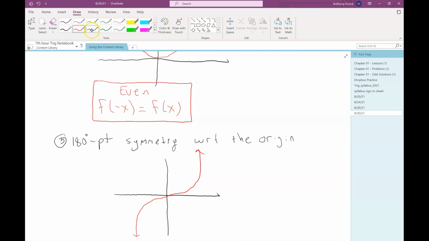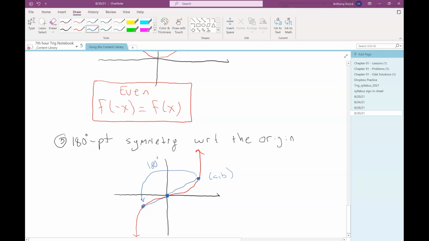So what this 180-degree point symmetry with respect to the origin is, since it says with respect to the origin, it means that if we have some point here, maybe I'll call that (a, b), and I pretend I tie an imaginary rope from that point (a, b) to the origin, and I then rotate that point 180 degrees. It would land back on my curve.